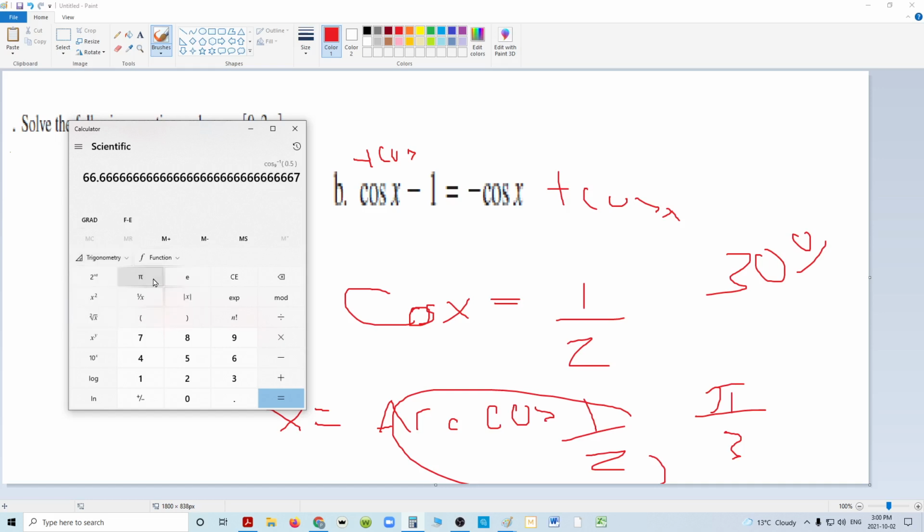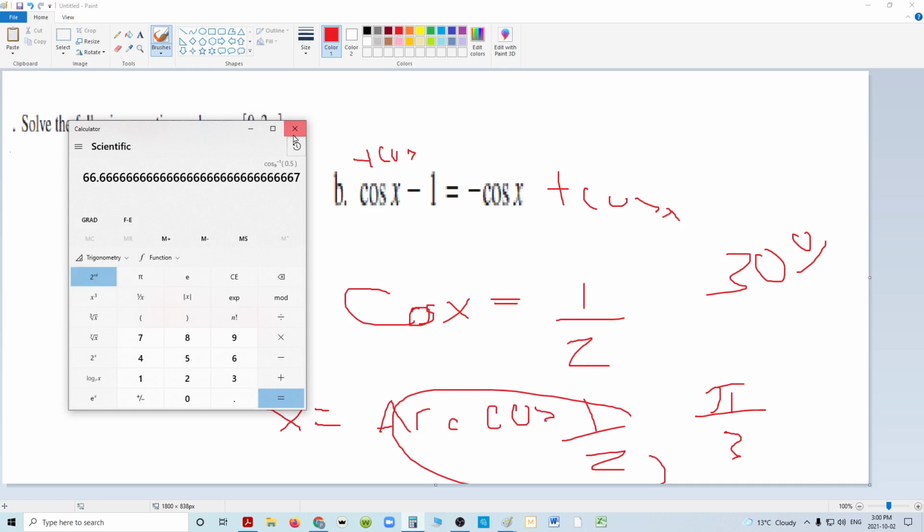Oh, what did I do wrong there? Let's try it again. 0.5, second function, trigonometry, arc cosine. Oh, I did something wrong.